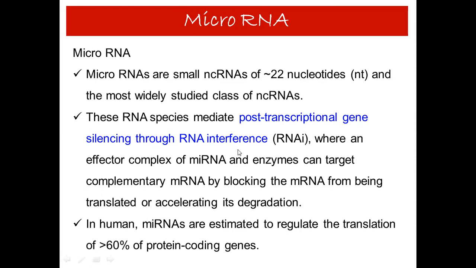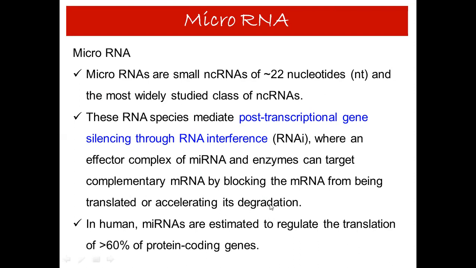The mechanism is very important. It is called as the post-transcriptional gene silencing through the RNA interference, where an affected complex of miRNA and enzyme can target complementary mRNA by blocking the mRNA from being translated or accelerating its degradation.